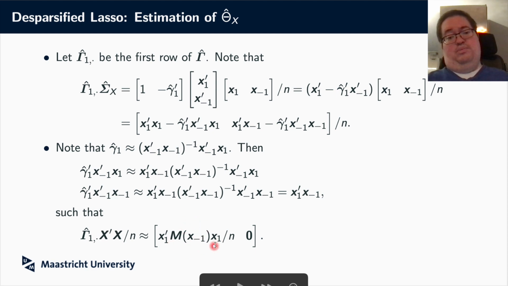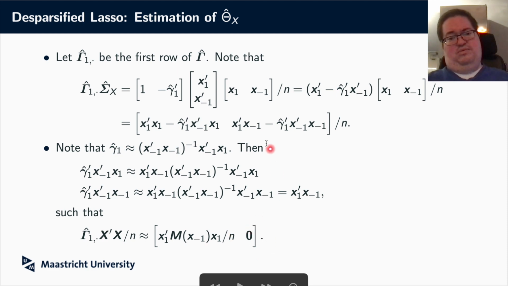M is the residual maker matrix. Well, we actually have m times m, but that is just equal to m. So we get x1 times m, which creates residuals for a residual regression of x1 on all the others, times m times x1, which again creates the same residuals.